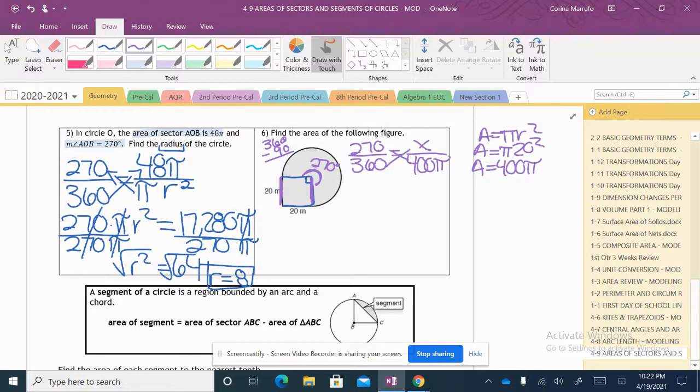And then we cross multiply. So 270 times 400 gives me 108,000 pi equals 360x.